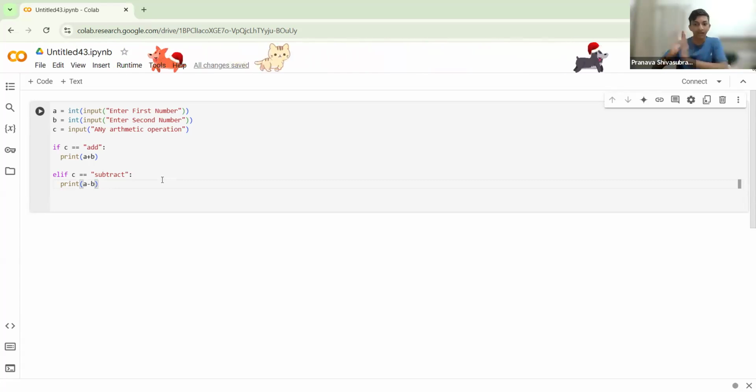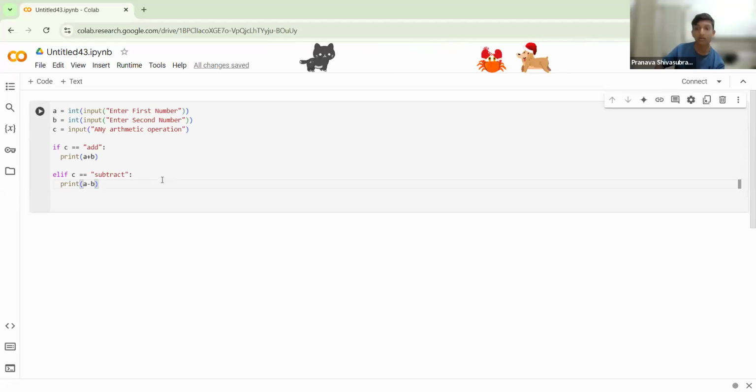So if means you're putting a condition, then if that condition is satisfied, we'll print or execute the code below. So here, if else is used, then you go to else. If that condition is not satisfied, then it will go to else. Then it will print the code below that.